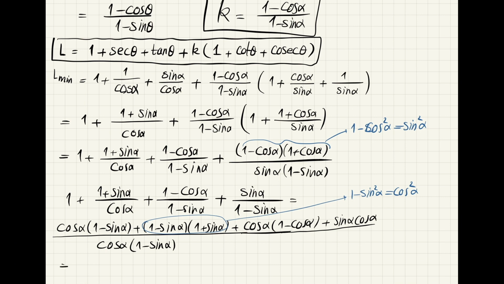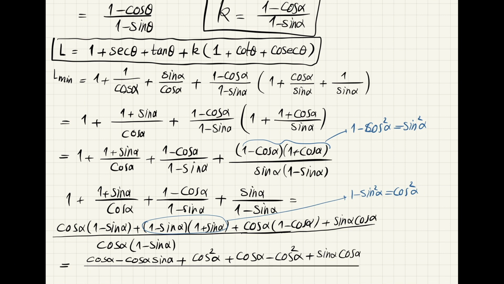So this becomes cosine alpha minus cosine alpha sine alpha plus, you see I multiplied this, and instead of this expression I can simply put cosine squared alpha. Then I multiplied this, it becomes cosine alpha minus cosine squared alpha, and then finally I have sine alpha cosine alpha, divided by cosine alpha times 1 minus sine alpha.